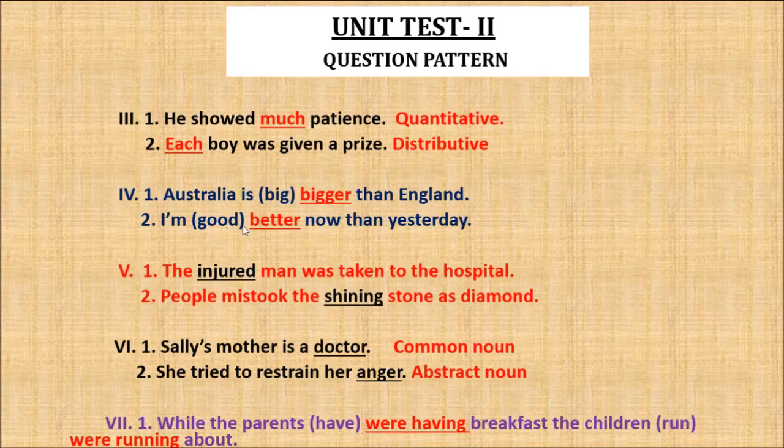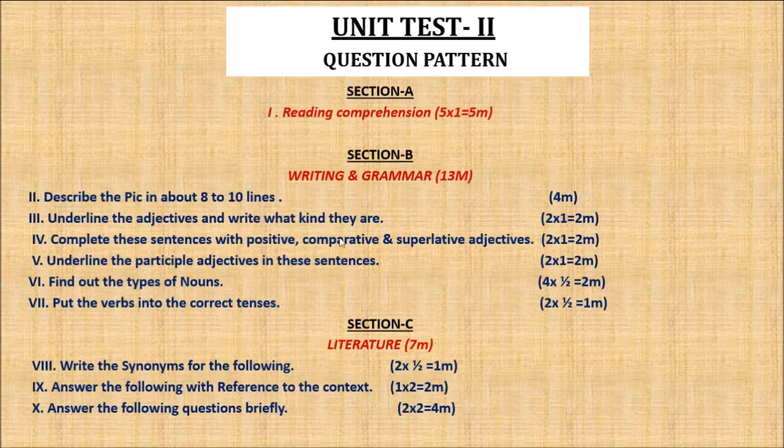There is no word as gooder. Good, better, best. So here the second form is better: I am better now than yesterday. Now I hope you understood how to answer the types of adjectives, that is positive, comparative and superlative adjectives.